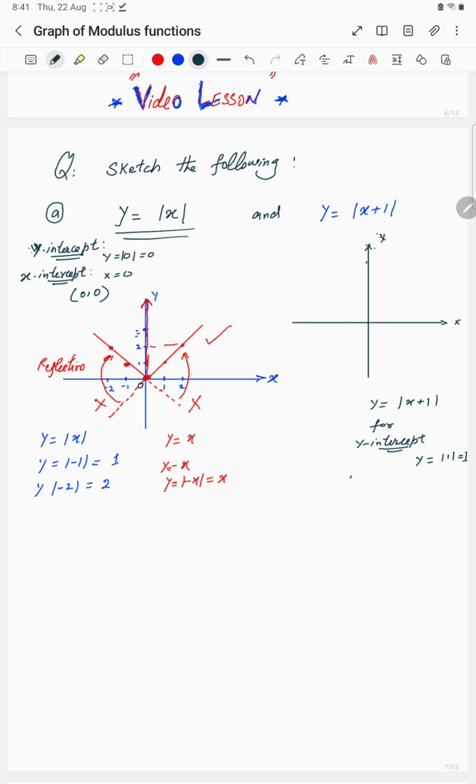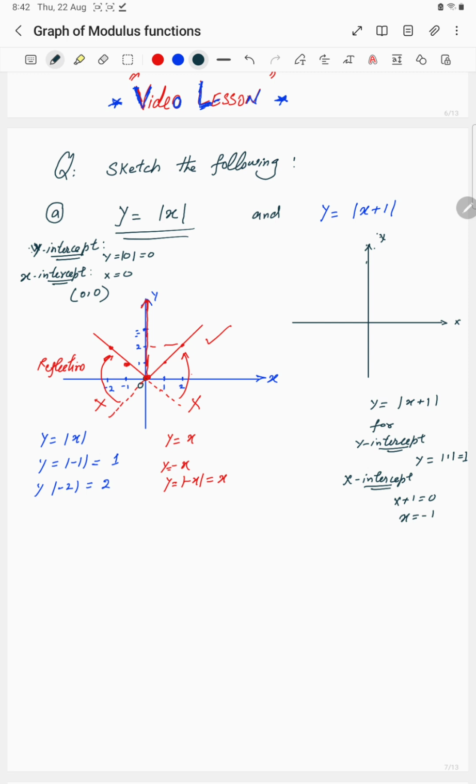For the x-intercept, y is 0, so x plus 1 equals 0, which means x is equal to minus 1.